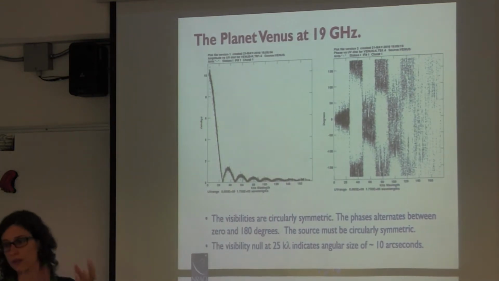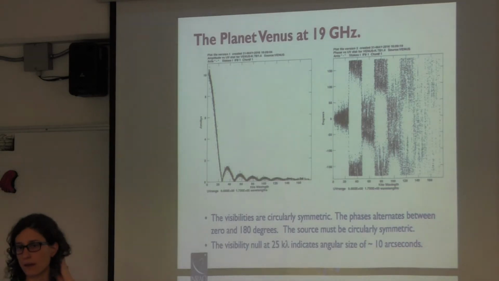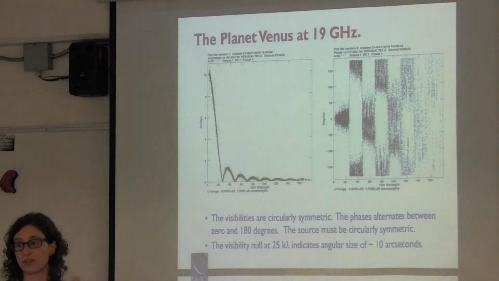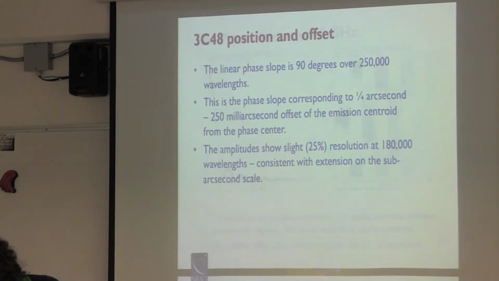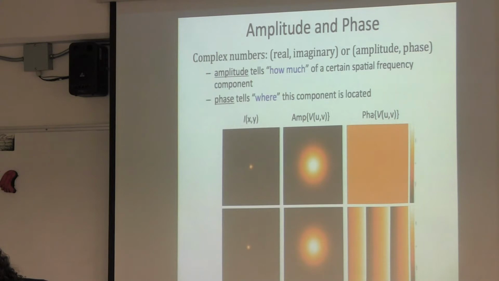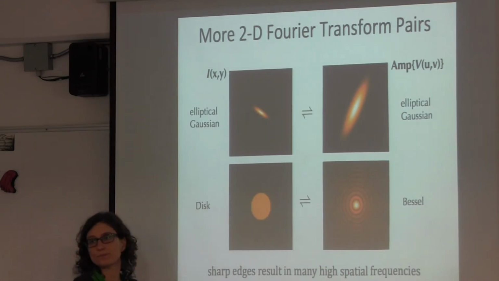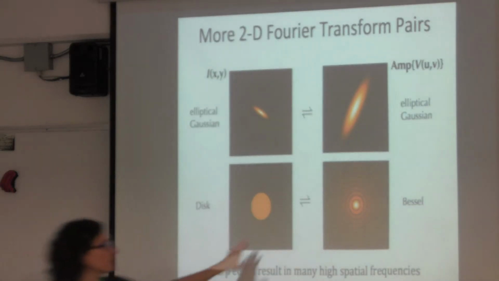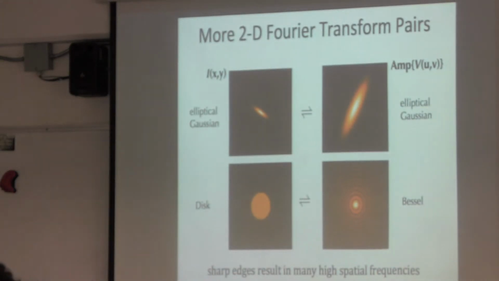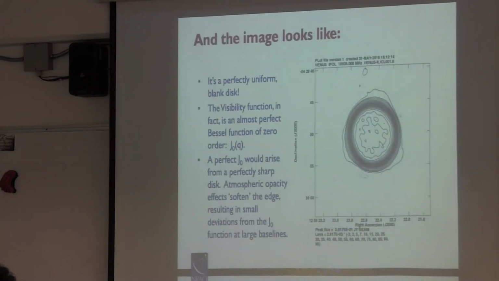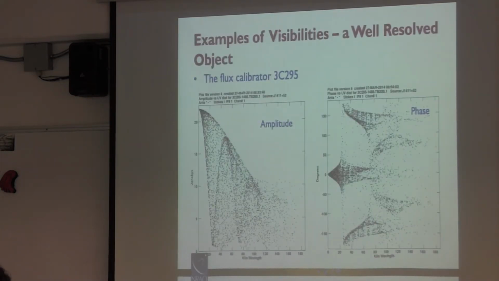So when you are in the visibility plane, you work with two magnitudes, amplitude and phase of the wave. And this is to go back to something like this. Yeah, that could be like a sharp disk. This would be the transform. I just looked for some examples, and this will be a much more complicated source.